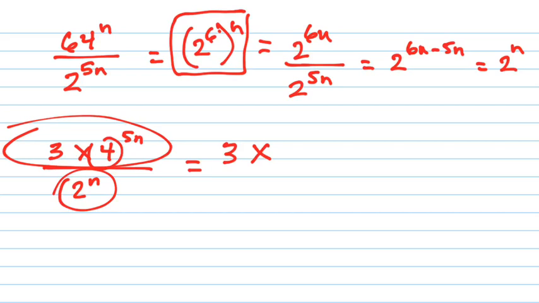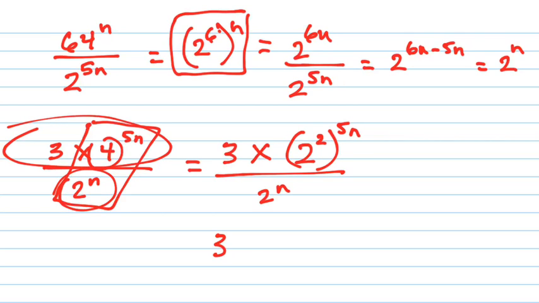But because it's multiplication, remember multiplication is that easy operation that'll let you do anything to it and it doesn't care. So I can still simplify this part even though I'm not able to do the 3 multiplied part. 4 can be written as a power of 2. It's 2 to the what? Second. But I already have an exponent up there of 5n, so it becomes 3 times 2 to the 10n, and it's division, so minus an n, gives you 2 to the 9n.